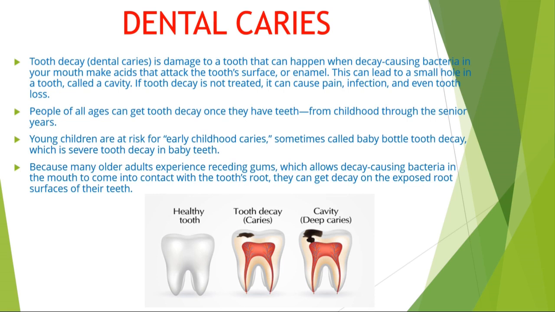This is a very good opportunity for the bacteria to destroy the enamel and make our teeth have black spots, which means our teeth have truly been attacked by bacteria and various other microorganisms, which is causing dental caries.